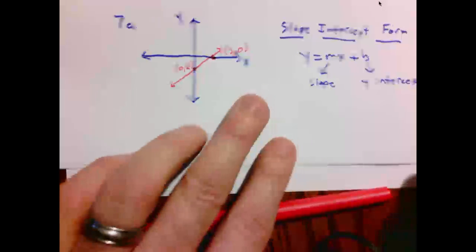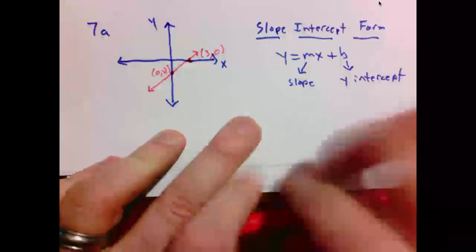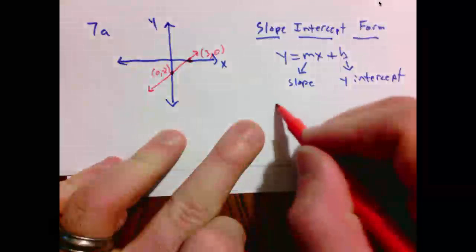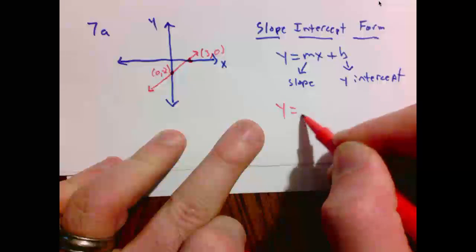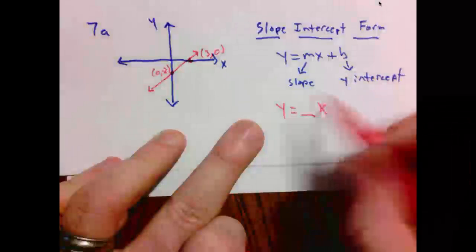In this particular problem, we see that the y-intercept is -2. Thus, the equation for this line is going to be y equals some number for slope, I don't know yet, plus the y-intercept of -2.